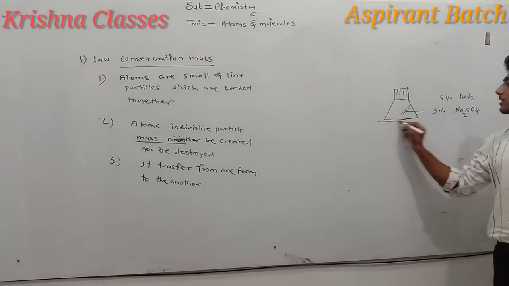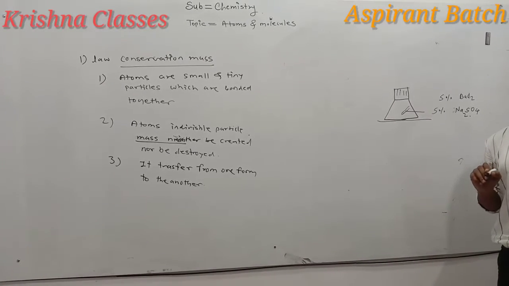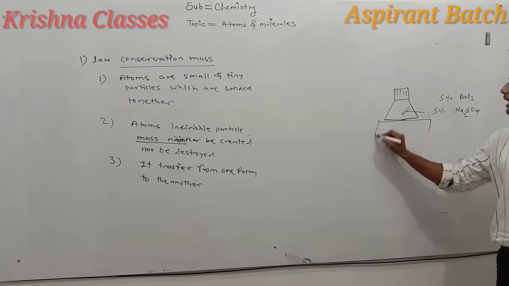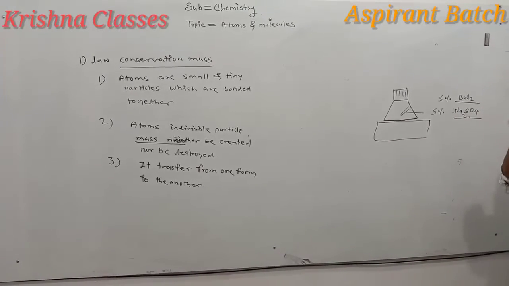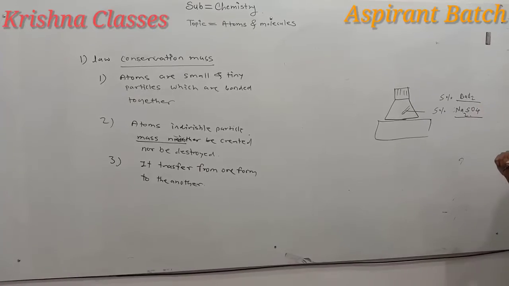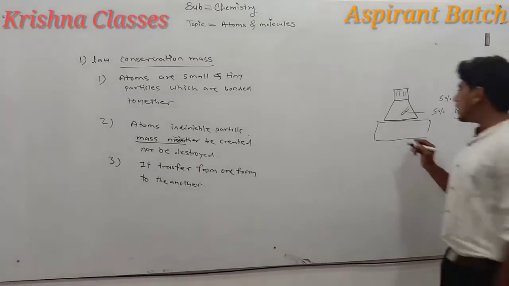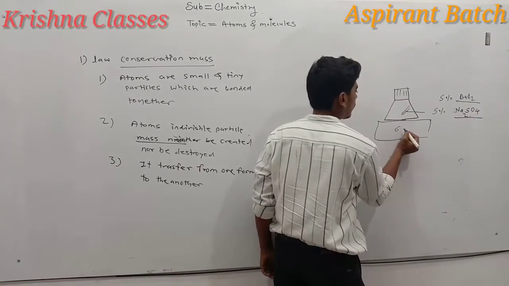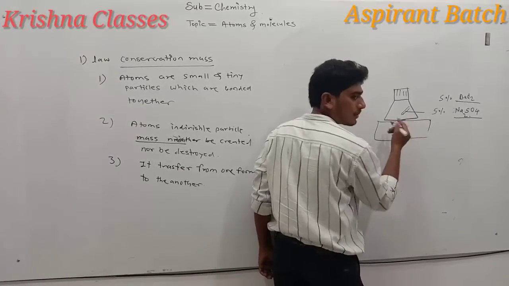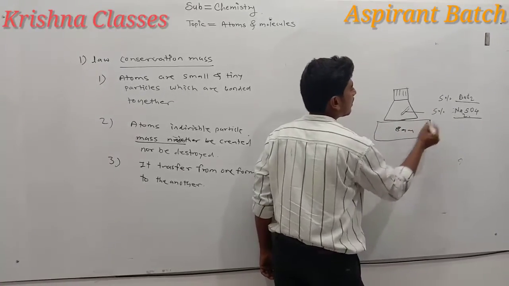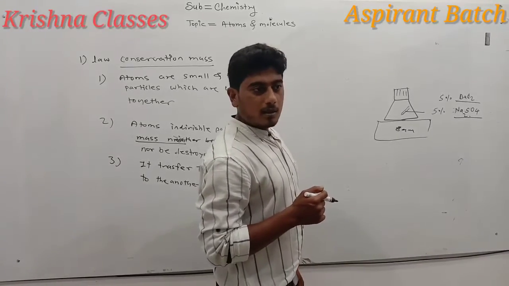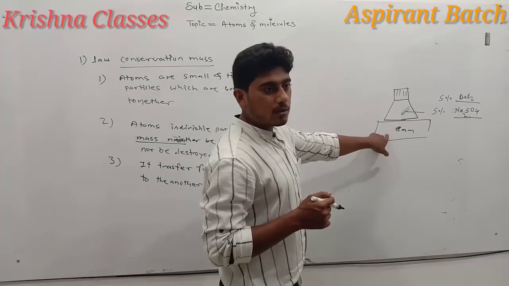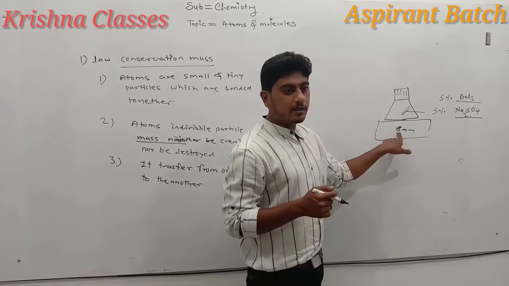Then you have to weigh them first with the help of a weighing balance. Suppose we get 8 grams for the barium chloride and sodium sulfate solutions. On the weighing balance, the reading is 8 grams.